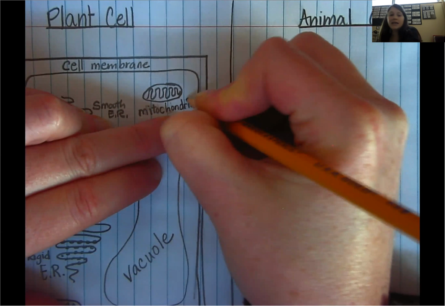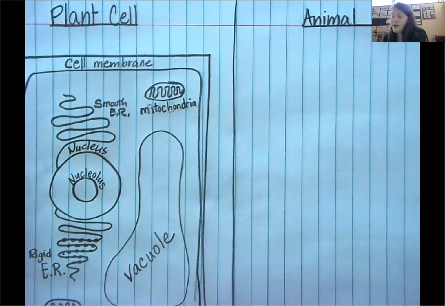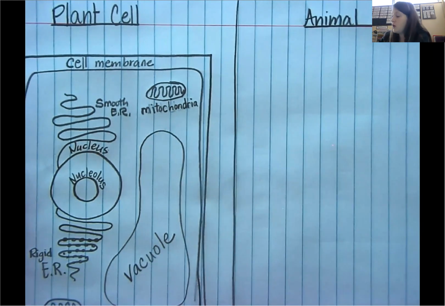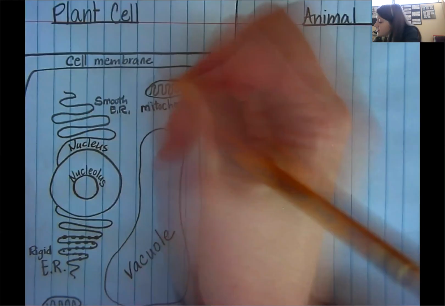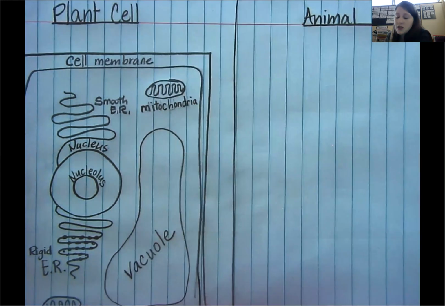Mitochondria. Technically, mitochondria is plural. Mitochondrion is singular, but we know there's more than one always, so we're going to call it mitochondria. This also kind of looks like an M almost, so maybe that's another way you can remember it.